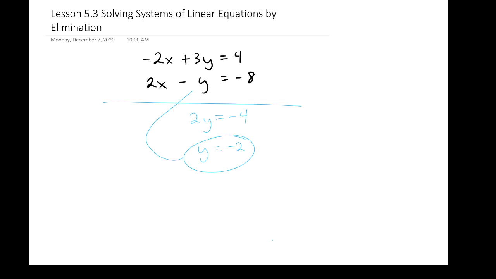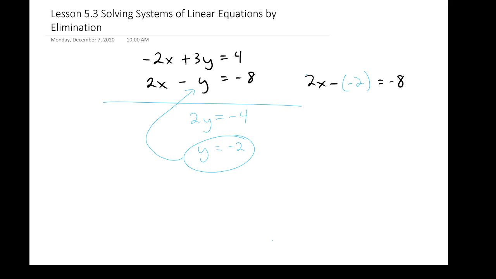It's going to get the same answer either way. So I'm going to have 2x minus, and then I put in negative 2 for y, equal to negative 8. Again, I strongly suggest that when you substitute, you put it in parentheses. It creates the best result for you.